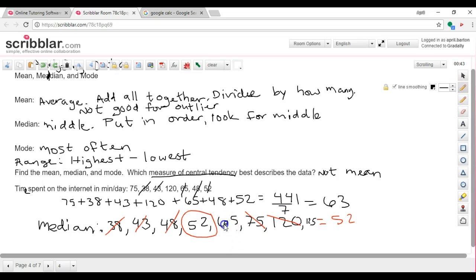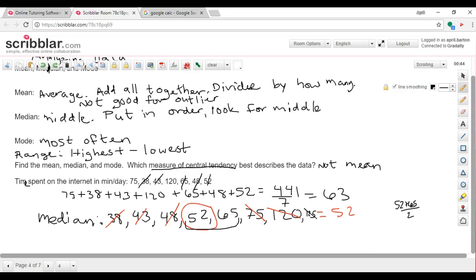If you're left with two numbers in the middle when you cross out, you actually have to average those two. You would do 52 plus 65 divided by 2, because there's only two of them. That's not for this data, but if it were to happen, you want to watch out for that.